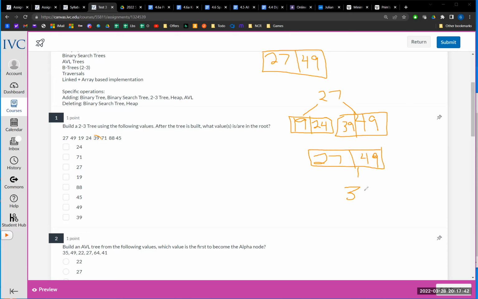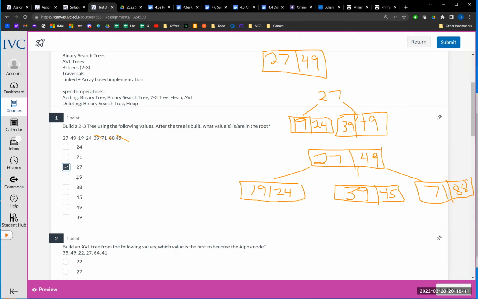Left us with 39, 71, and we have the 19, 24 here still. Now 88, and 45. And there's our tree. So who's in the root? 27 and 49. Questions on number 1 before I blow that away?